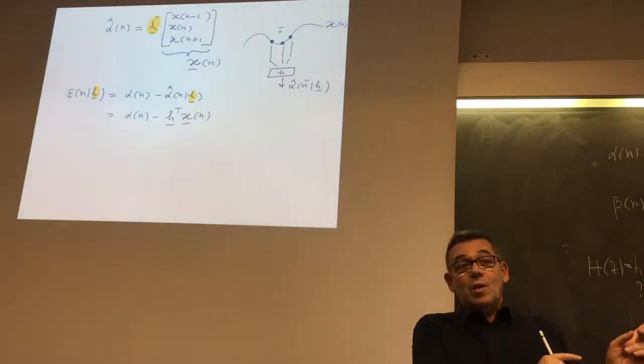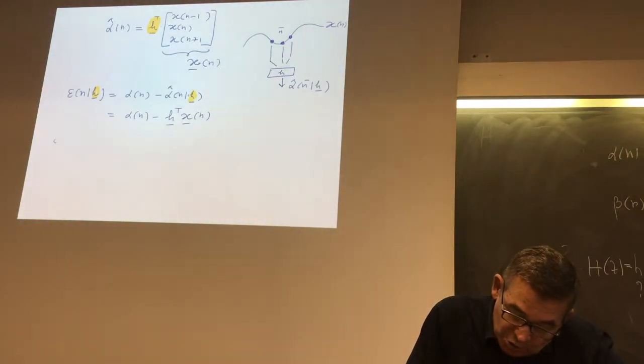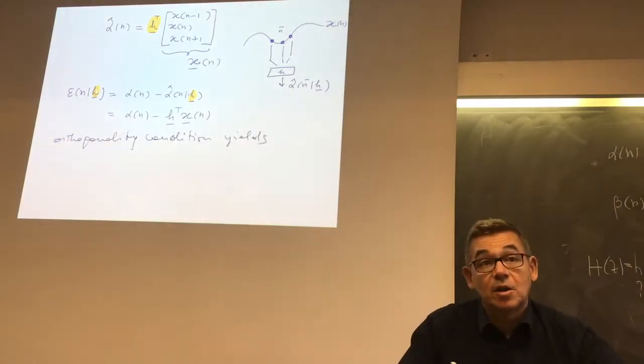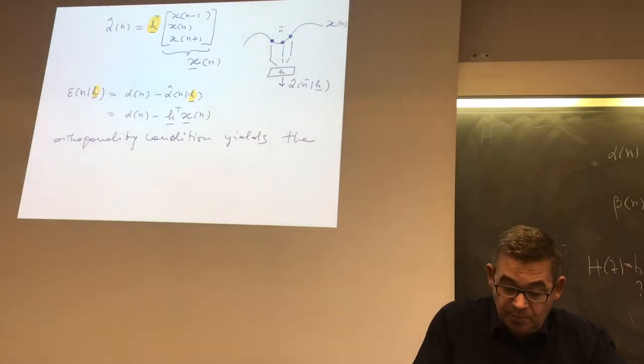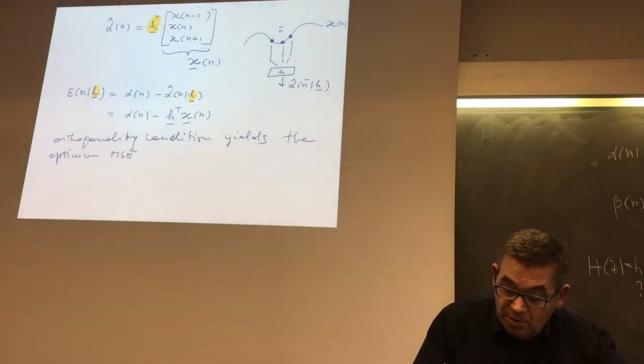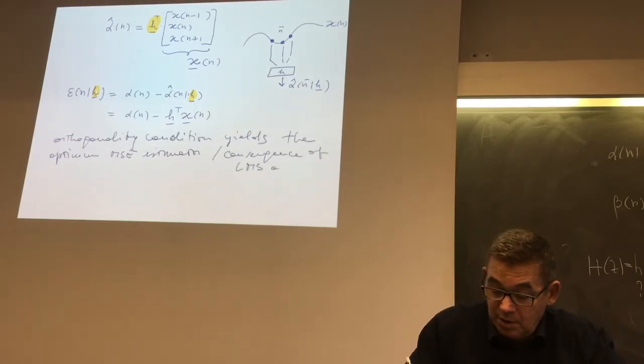Now, what we proved 5 minutes ago, we proved that the orthogonality condition is the optimum mean square error estimator. That is also the convergence of this mean square adaptive filter.